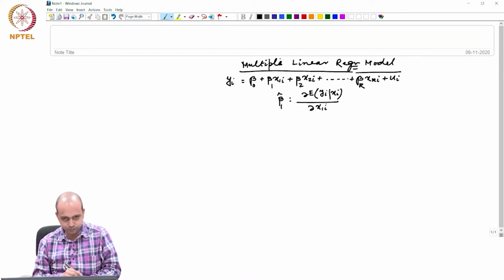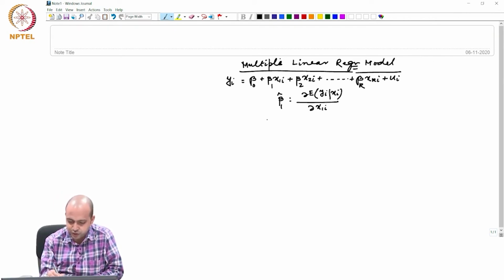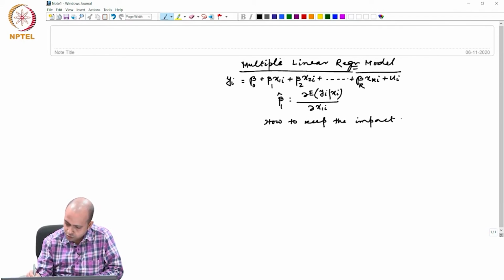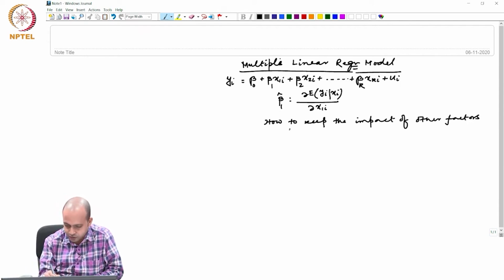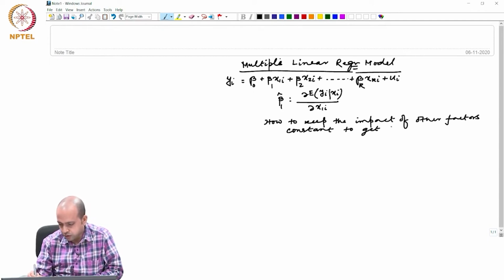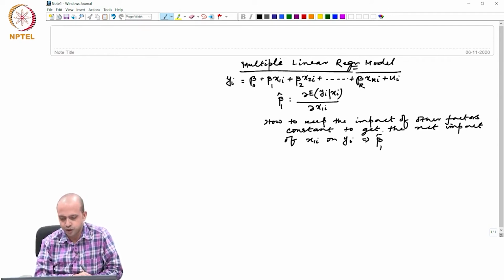And today we are going to learn how to keep the impact of other factors constant to get the net impact of x 1i on yi, which is basically beta 1 hat.